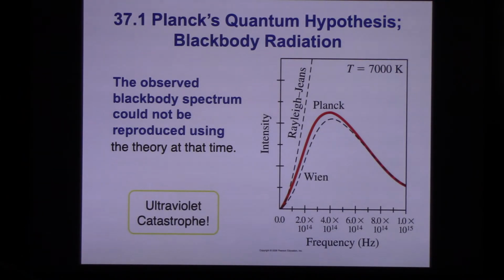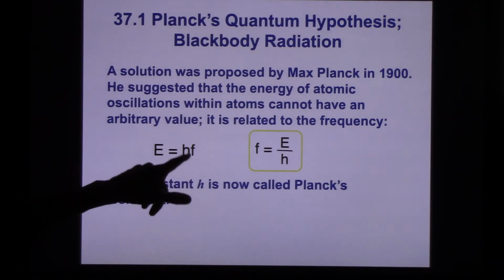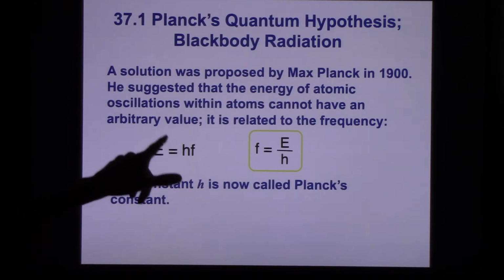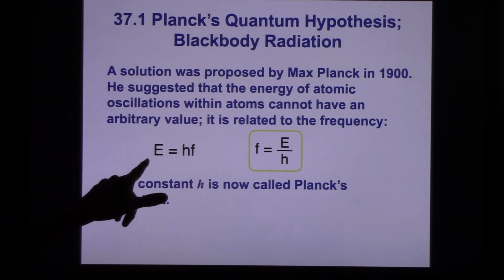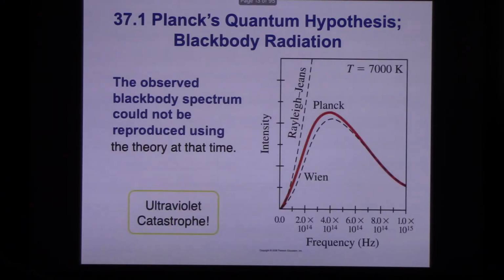And so Planck found that if for every wavelength of light, every frequency of light, he assumed that there was a certain amount of energy, the curve, mathematically, that he ended up with looked like the experiment.